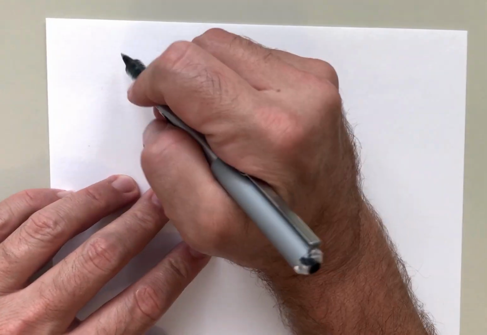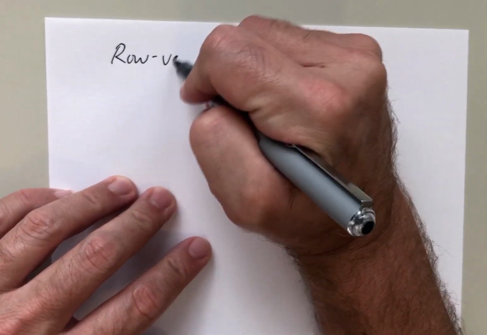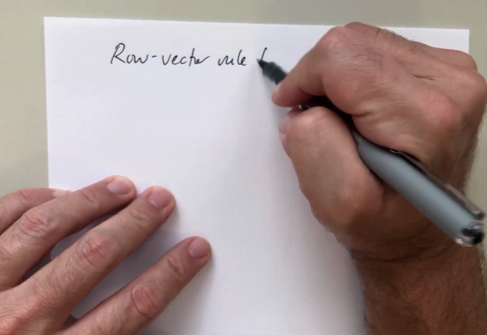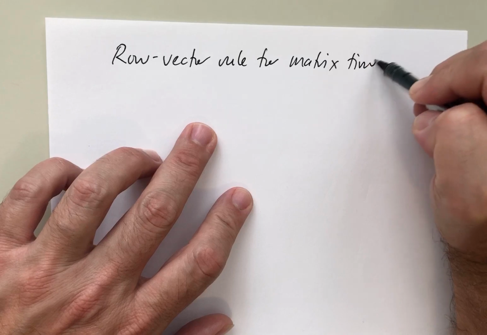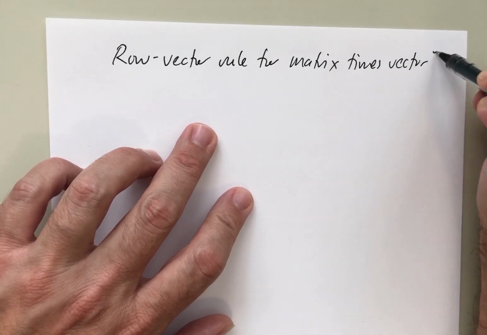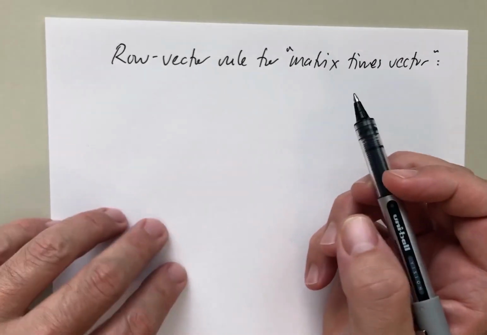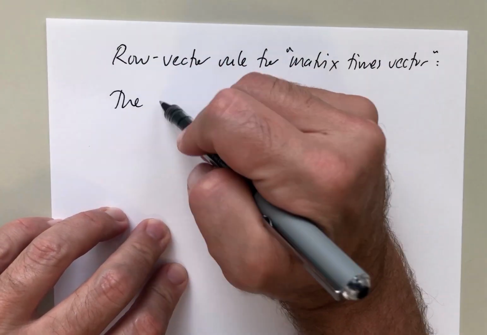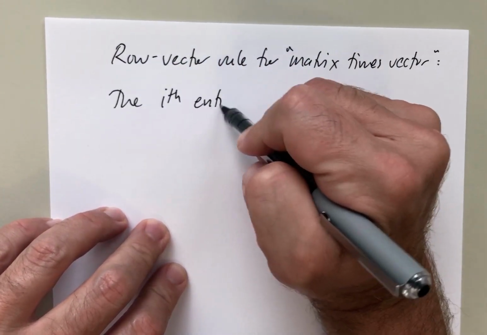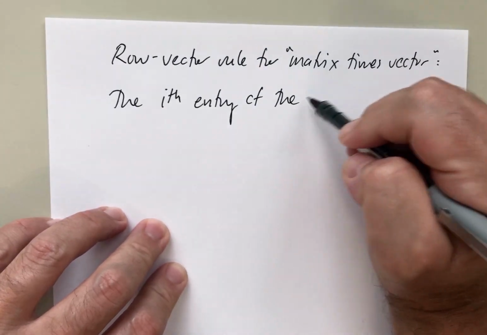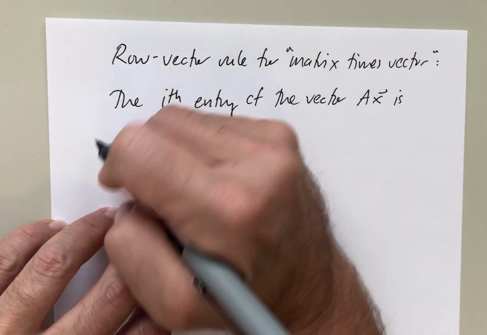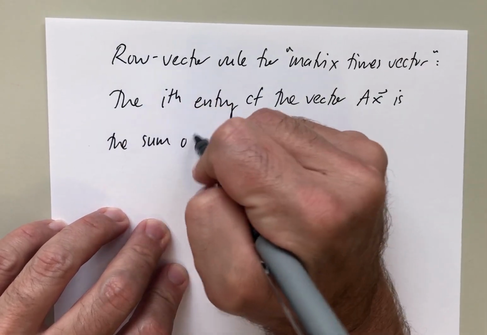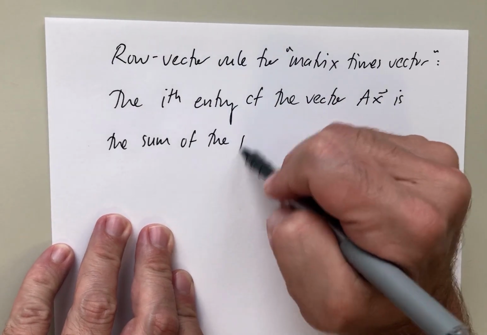Let me try to write this out as a rule. They call this the row vector rule for matrix times vector. What this is saying is that the ith entry of the vector A times x is given by the sum of the products.